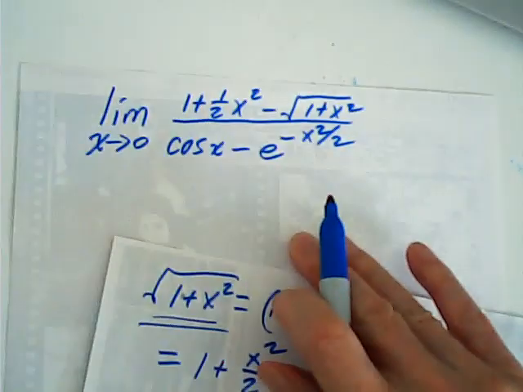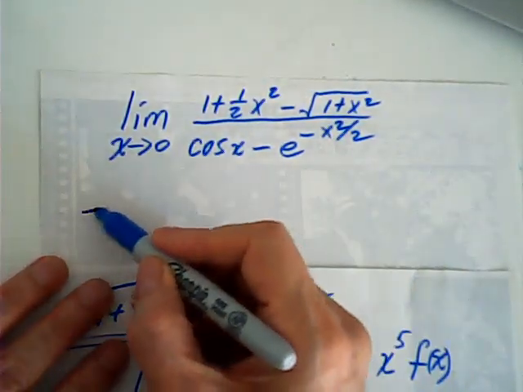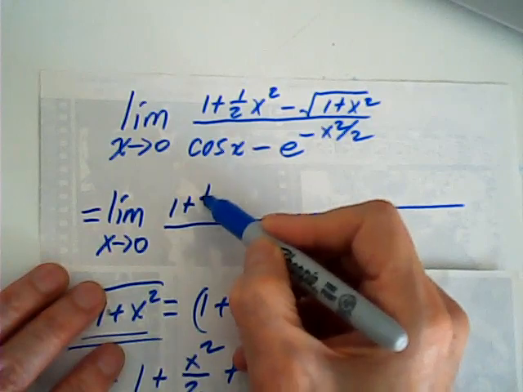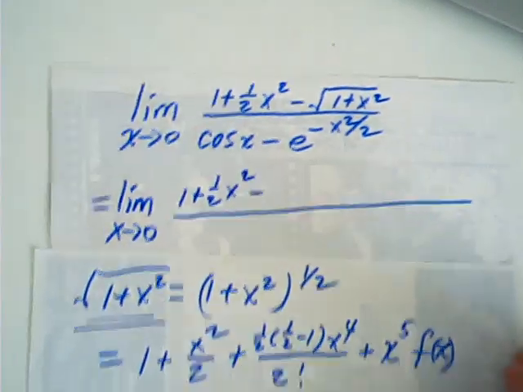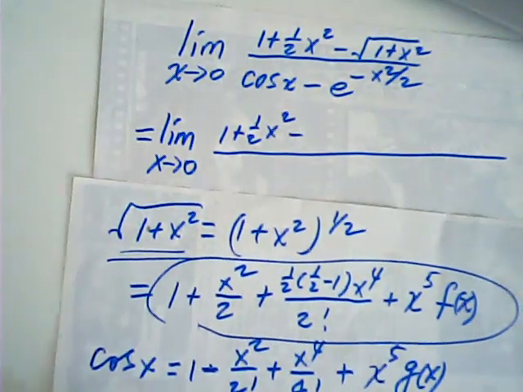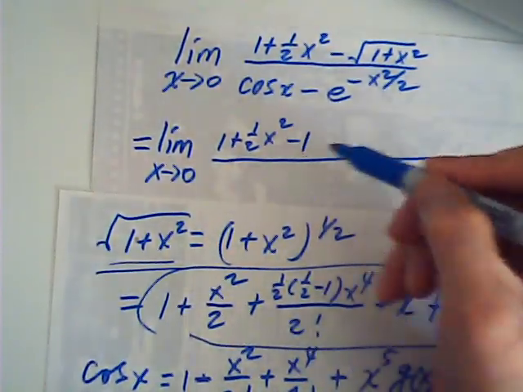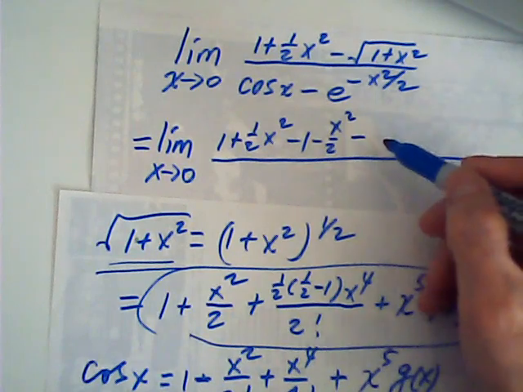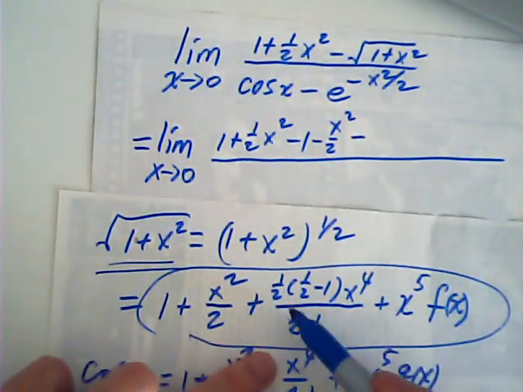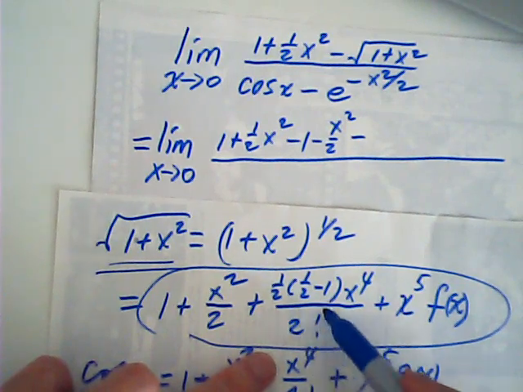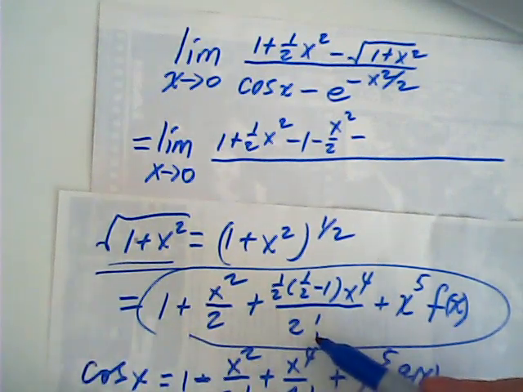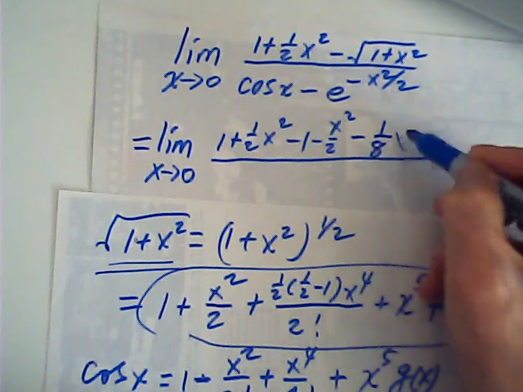Okay, then I substitute everything into the original limit question. We have the limit as x approaches 0 of 1 plus half x squared, minus 1 minus half x squared, and minus, simplify this one, this is 1/4 negative half, then 1/8, so 1/8 x fourth.